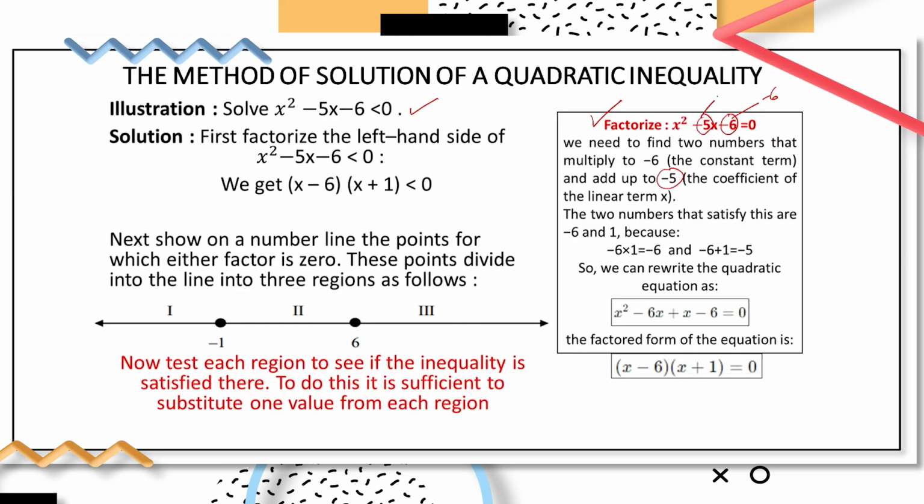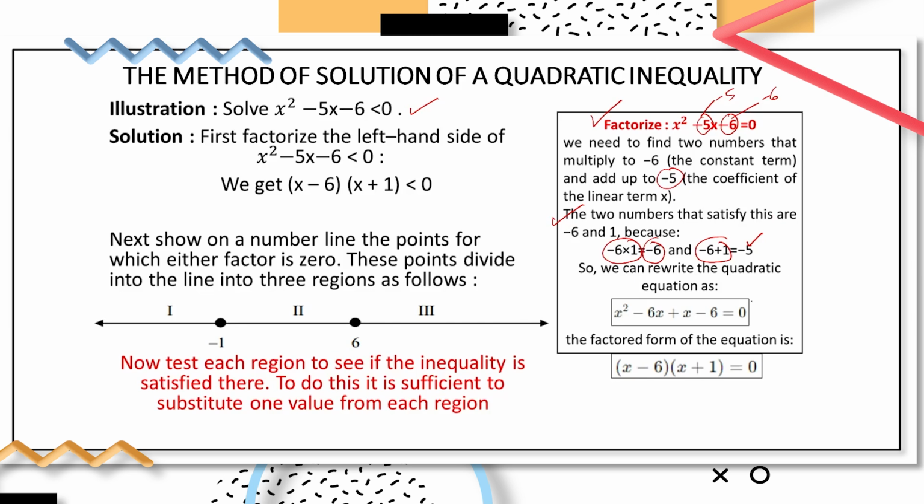So the two numbers are minus 6 and 1, because minus 6 into 1 turns out to be minus 6, and minus 6 plus 1 turns out to be minus 5.